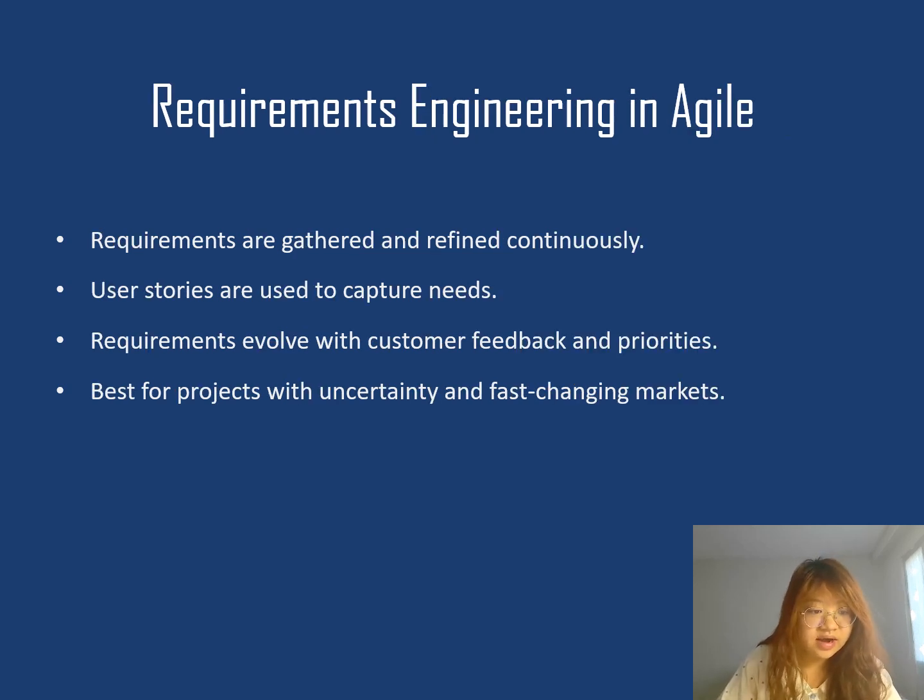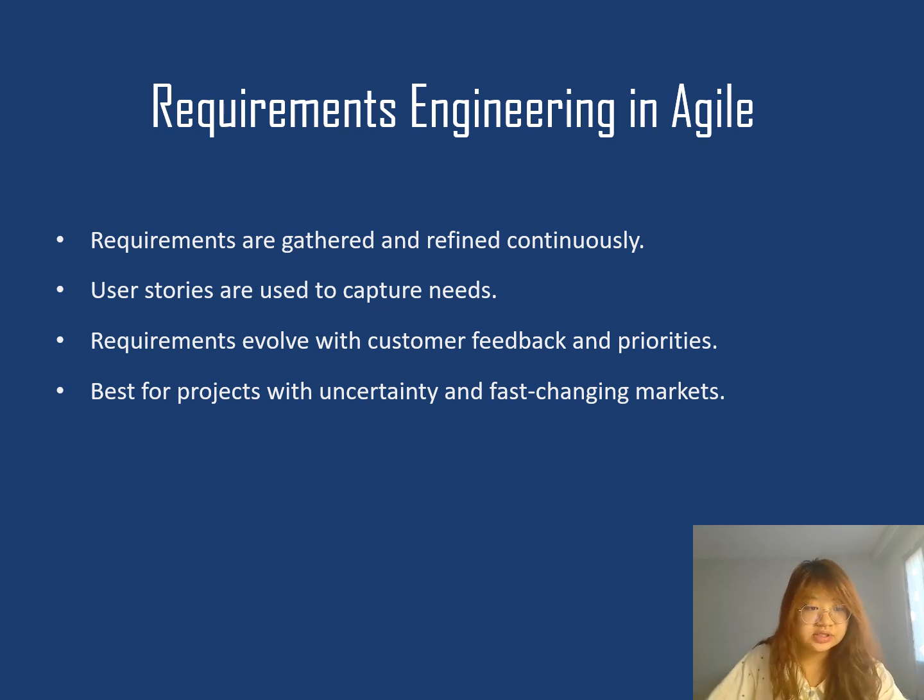Agile takes a very different approach. Instead of fixing all requirements at the start, Agile focuses on flexibility and continuous collaboration. Requirements are usually written as user stories and kept in a backlog, and they are refined continuously during each iteration or sprint.